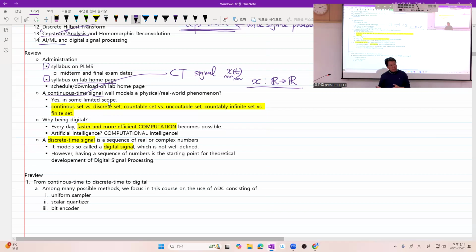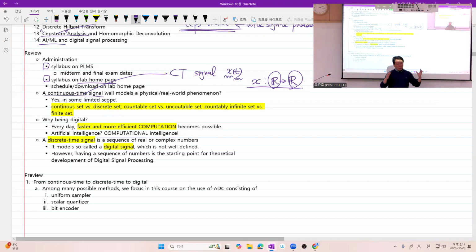And some physicists, I don't know whether they are a major group in physics or not, now claim that even time is quantized. I'm not sure. In that sense, this model with domain R and range R may not be so true in modeling our physical world.